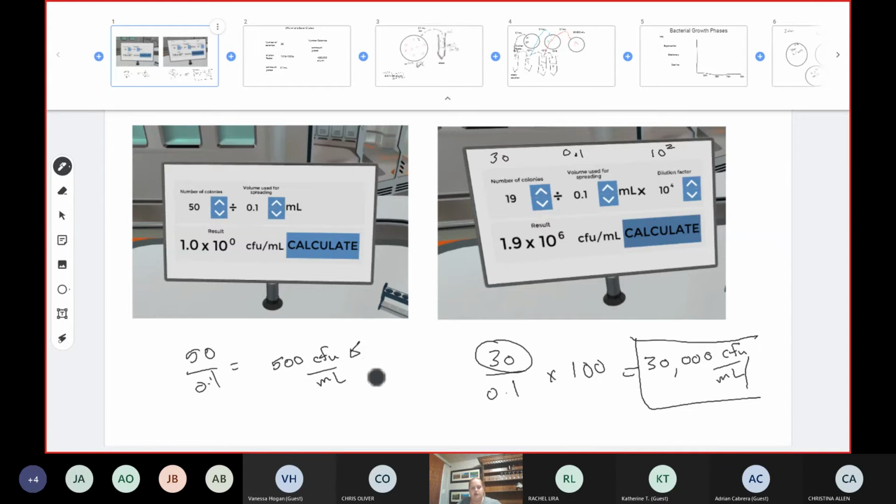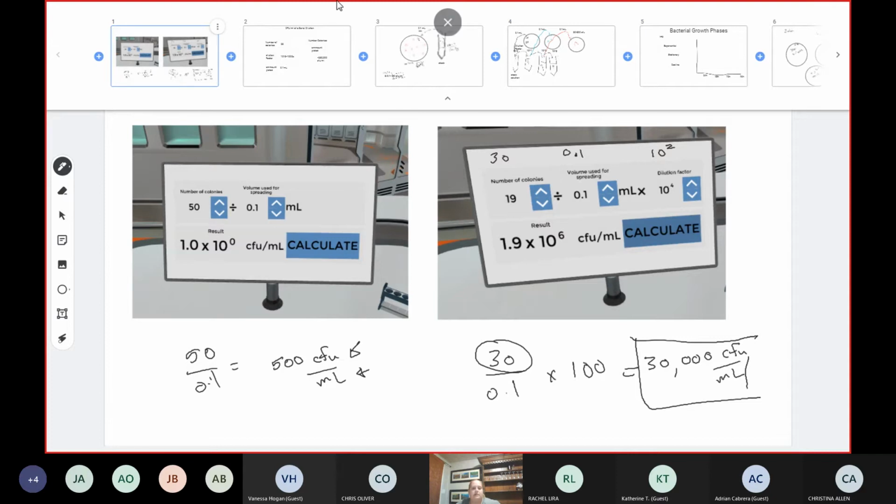And you always want to make sure that you're using units. Otherwise, the numbers don't mean anything. So, so long as you have units there, people can understand what you're talking about. If you just throw out 500, it could be 500 jelly beans in lemonade or something like that. It could be something completely different than what you're talking about. So make sure that you're using your units when you're talking about these things.